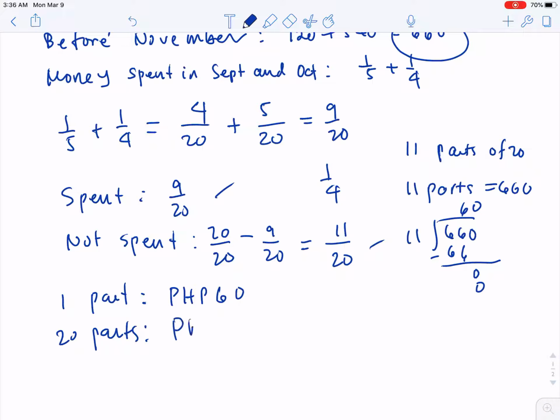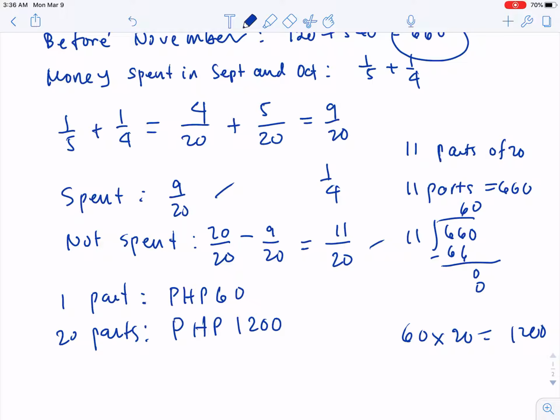Which is 1,200 pesos. So, this is 1,200 pesos. Pag ang one part ay 60, syempre ang 20 parts ay 60 times 20, which is 1,200 pesos. Yan yung walang algebra, no?